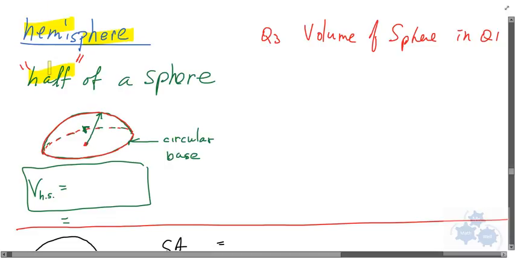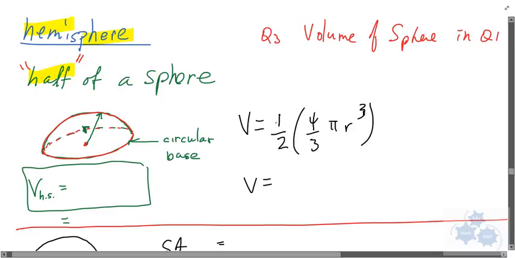Now, if we're talking about surface area, all right, it's different than volume. Okay, so volume. Let's do volume first. Volume is literally half of the sphere that it's cut from. So if we have 1/2 of 4/3 pi r cubed, that simplifies to, what's 1/2 times 4/3?